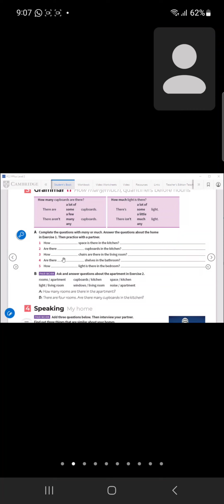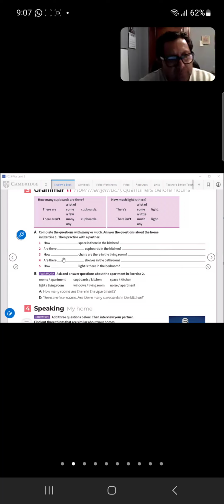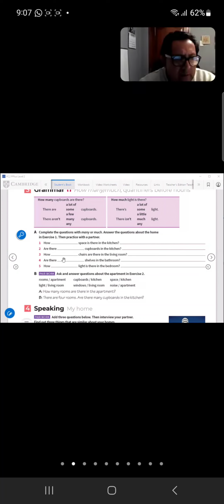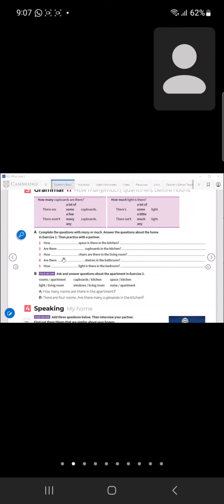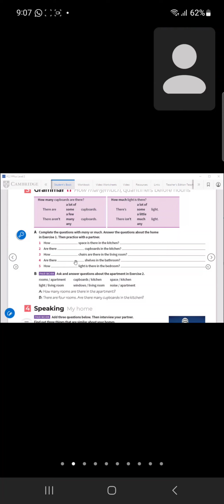Number one would be how much space is there in the kitchen. Number two, are there many cupboards in the kitchen? Number three, how much chairs are there in the living room? Look, chairs are countable nouns.